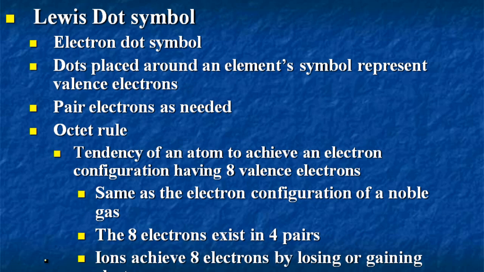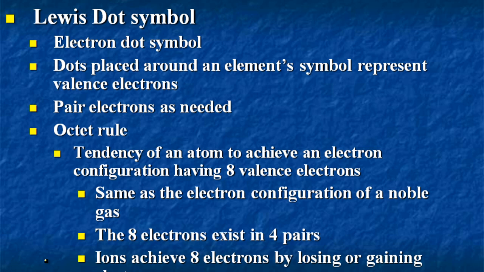So the Lewis dot symbols, which you all know, but we are going to do it one more time. Lewis dot symbol, otherwise electron dot symbols, we place electrons as dots, right? Now dots are placed around an element's symbol representing valence electrons and pairs of electrons. Remember all those things you did in lab?